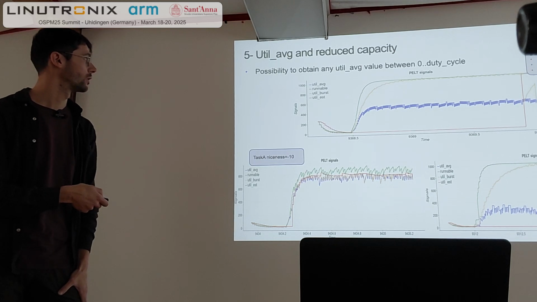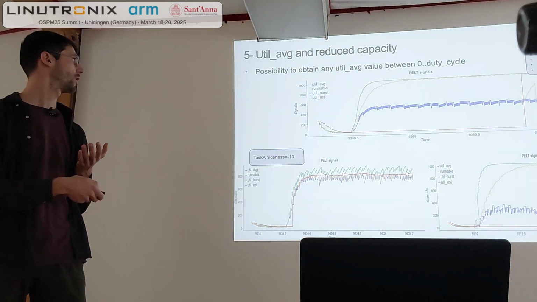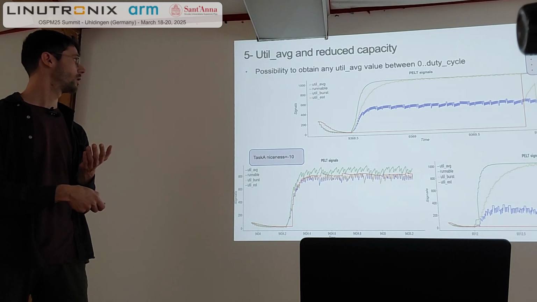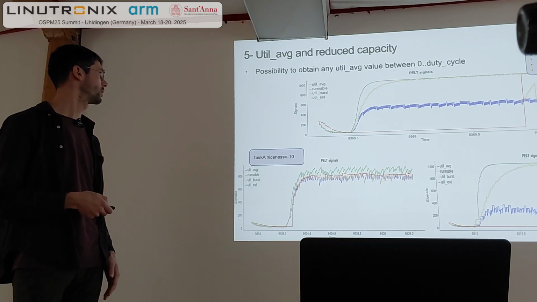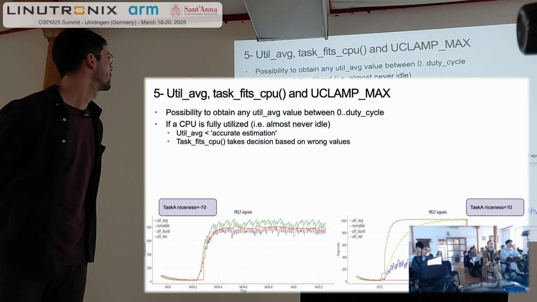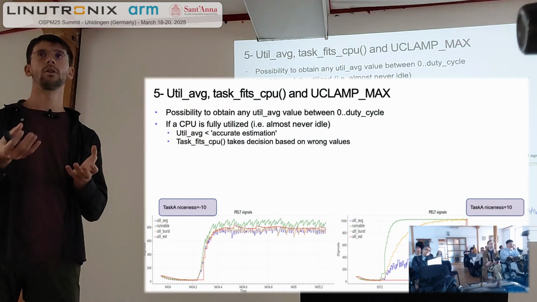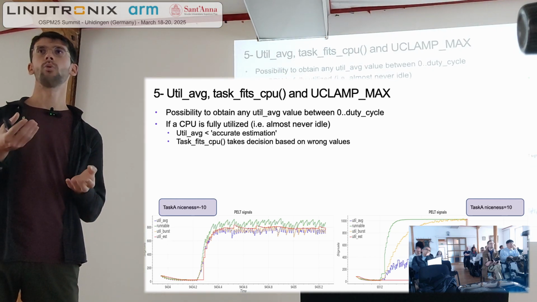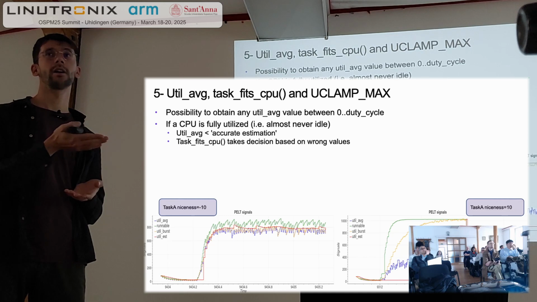Here, the niceness is higher, so the weight is less important, and the util average is going to be lower, around 300. So it means that we are going to have a utilization value anywhere between 0, maybe 1, and the duty cycle of the task.